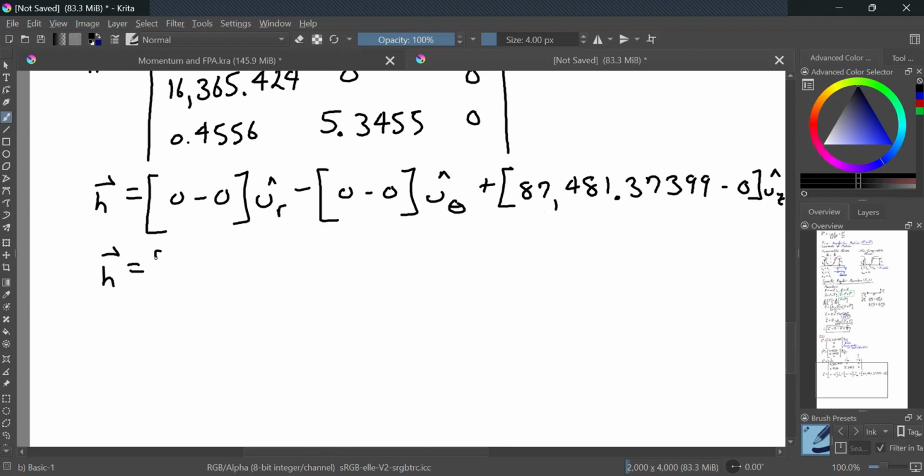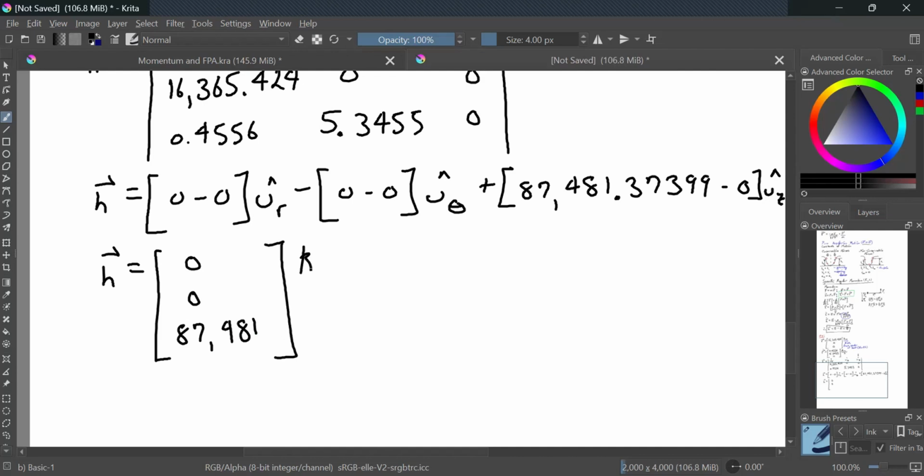Well, we have 0, 0, and 87,481.3. I'm not going to include the decimal there. That is in kilometers per second. And no, it is not. It is in kilometers squared per second.